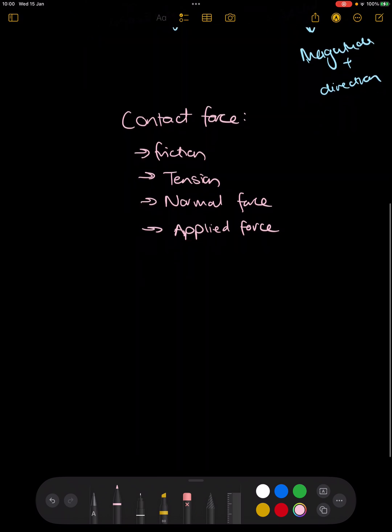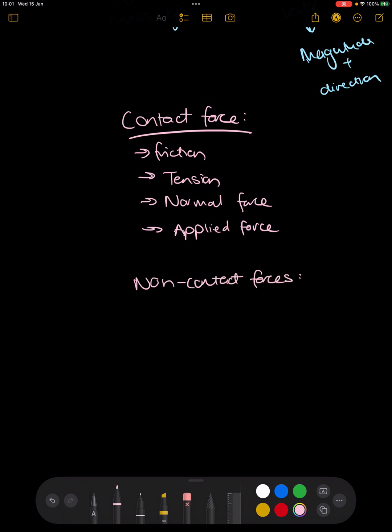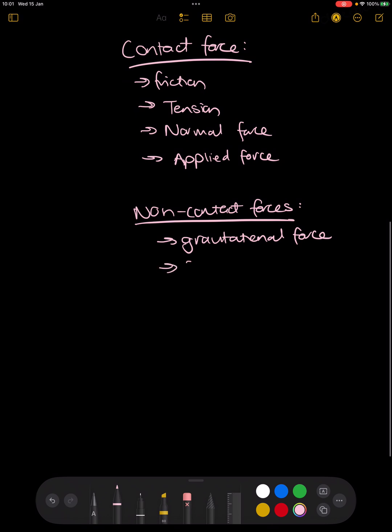Those are my contact forces. And then my non-contact forces include gravitational force and electromagnetic force.